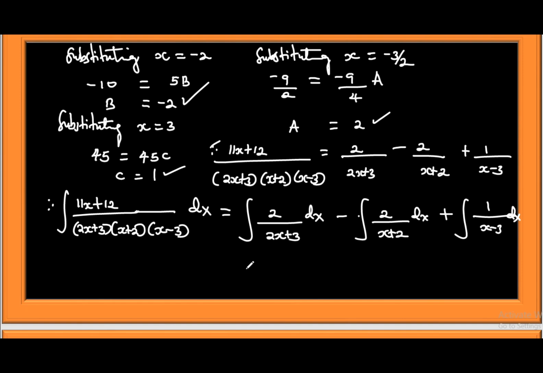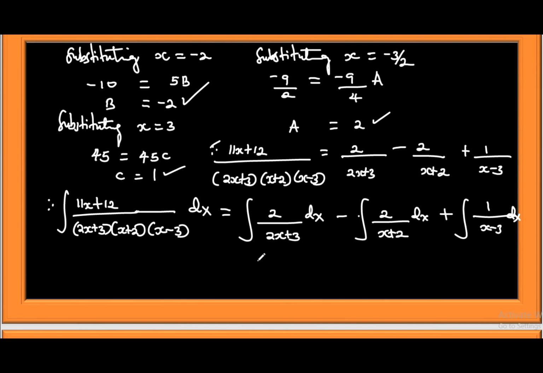Now, when we integrate 2 out of 2x plus 3 dx, I just refer you to integrals of the form f prime of x divided by f of x with respect to x. That is one of the tutorials I already have on my YouTube channel.